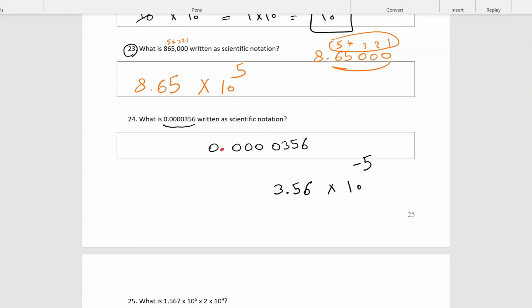Or if I want to move this dot to here, what will be the answer? It would be 0 point, and we will put 3 of them here, 1, 2, 3, then 356 times 10 to the power of minus 1.